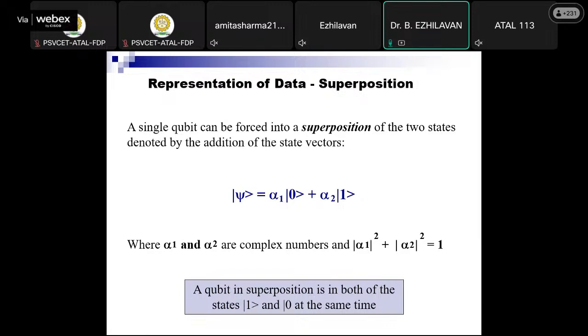This equation is entirely known as a linear combination, which will be in both state 0 and 1 at the same time. This is known as superposition. This is the important thing. You have to know superposition. While we are studying quantum, you should know superposition, entanglement, and interference.